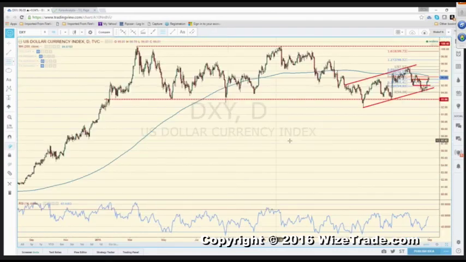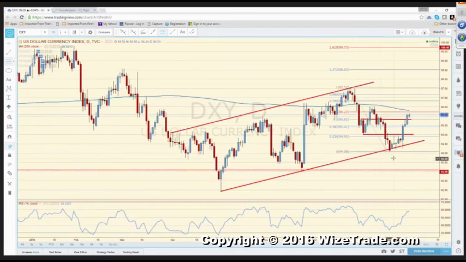Okay, so here's the dollar index. Dollar index has been climbing up towards the 618 retracement, and you can see we're getting real close. 96 and a quarter. Support should be right here at 95.85, or 83, whatever it is, 85.